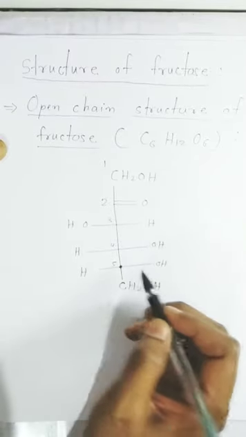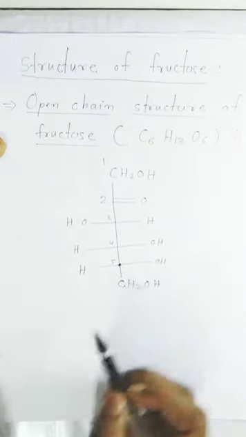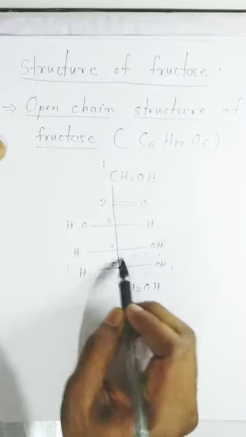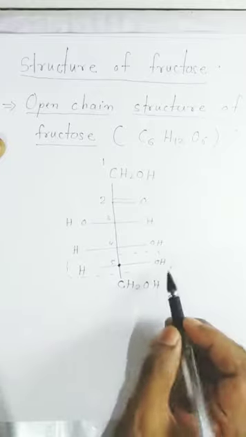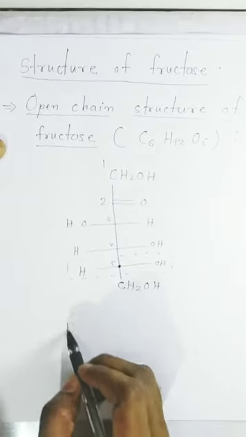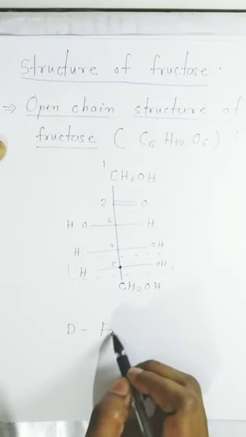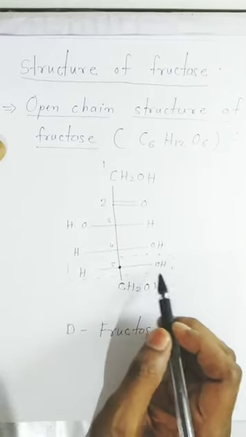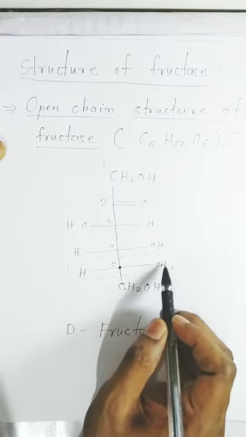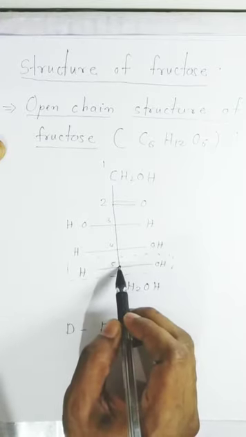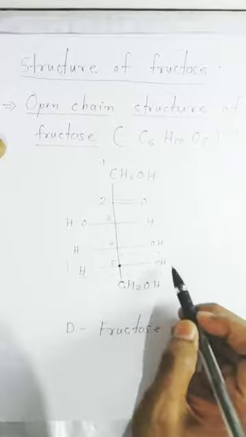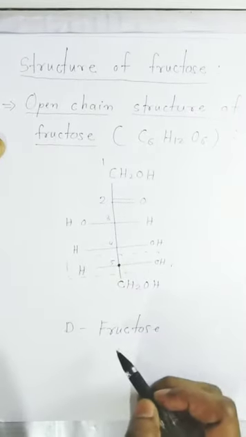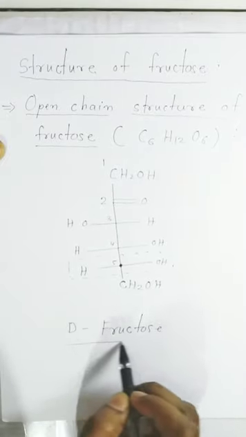This fifth carbon will show whether this fructose is D or L. Since the OH is present on the right hand side, it is called D-fructose. This OH will decide whether the fructose is L type or D type. Now it is a D-fructose.